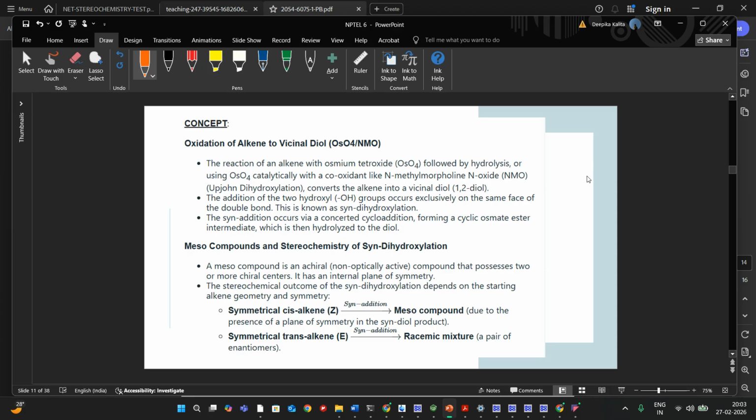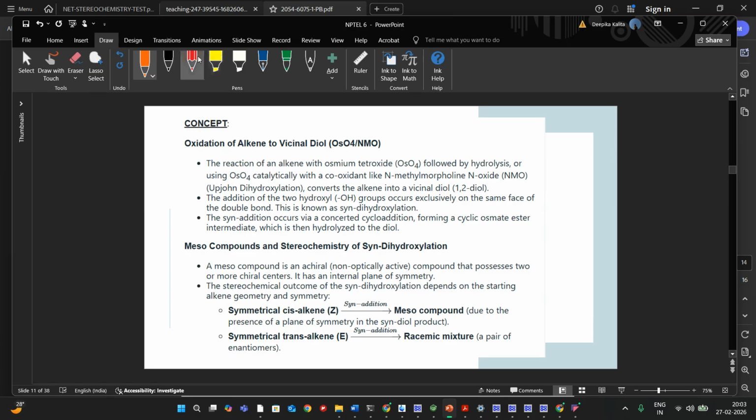The reaction of an alkene with osmium tetroxide followed by hydrolysis, or using osmium tetroxide catalytically with a co-oxidant like N-methylmorpholine N-oxide (NMO), converts the alkene into a vicinal diol. The addition of the two hydroxyl groups occurs exclusively on the same face of the double bond.